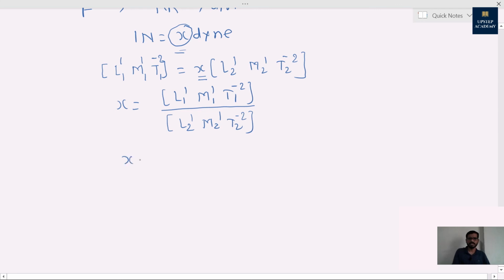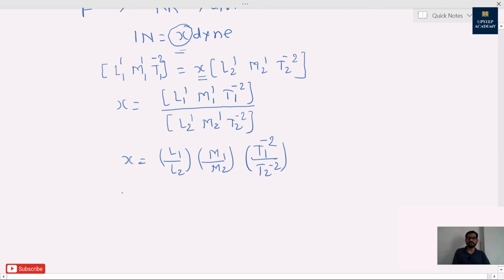Okay guys, so x is equal to, I will write separately, L1 upon L2, as powers of L1 and L2 are 1, so there is no need to take 1. Similarly M1 upon M2 and T1 raised to minus 2 upon T2 raised to minus 2 we will write.